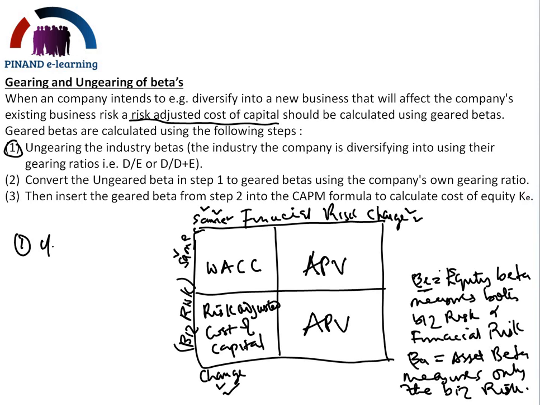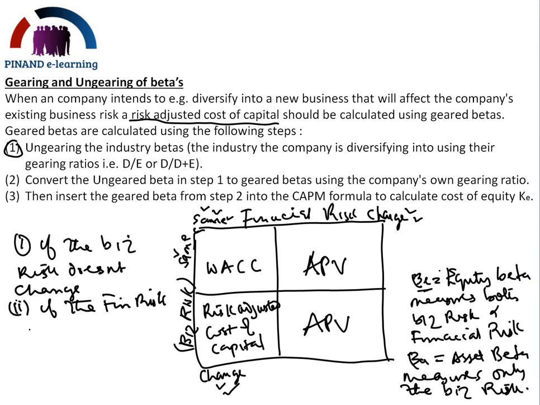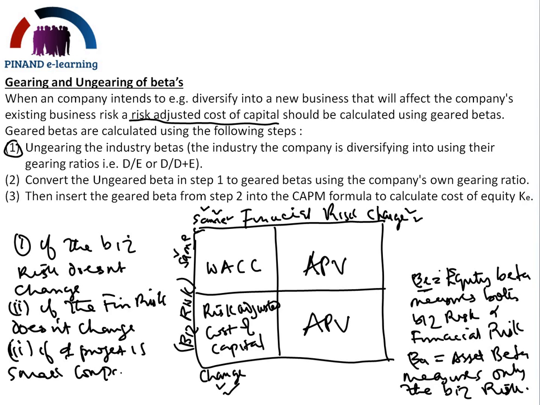Then I will tell you, one, if the business risk doesn't change, two, if the financial risk doesn't change, then three, lastly, if the project is small compared to the company as a whole.